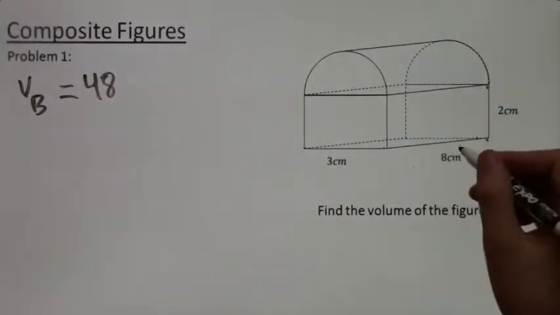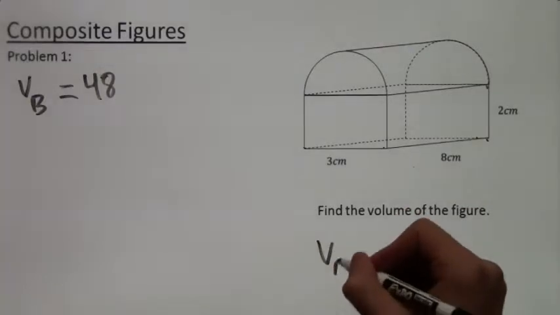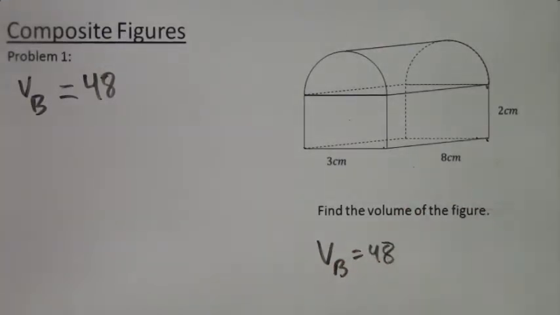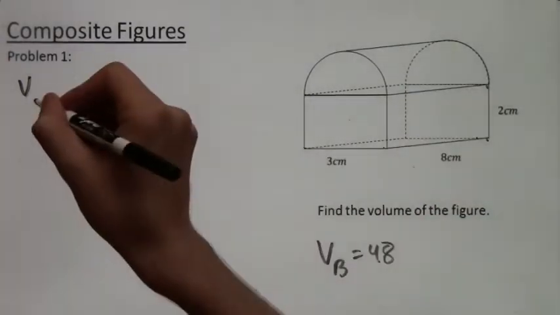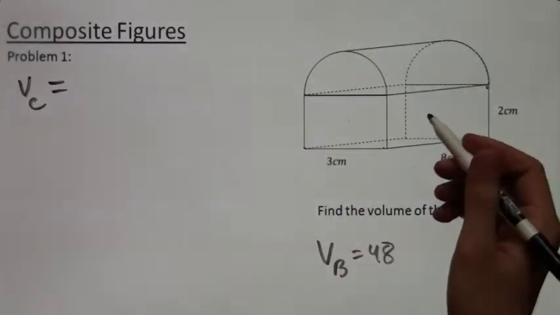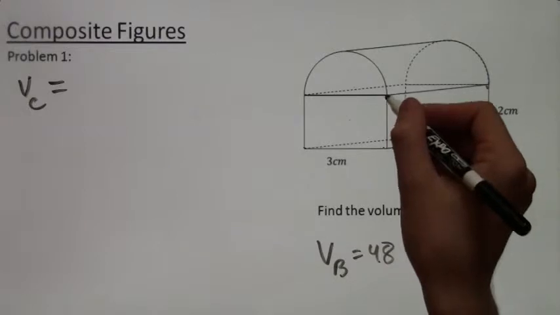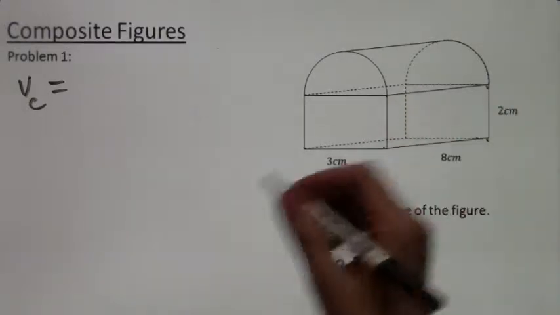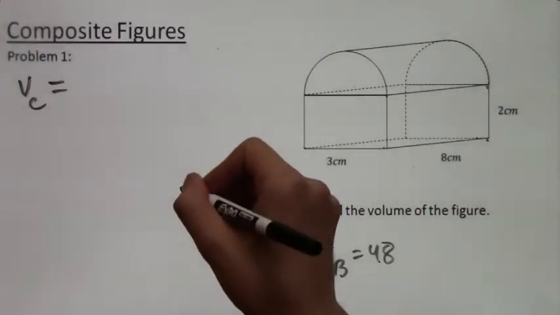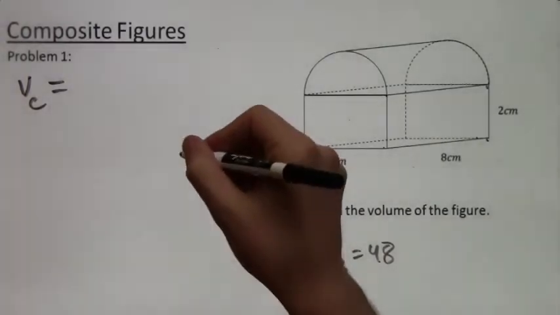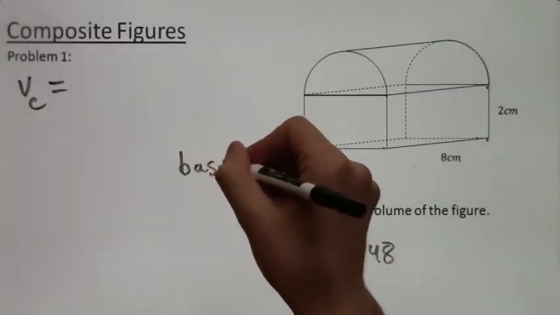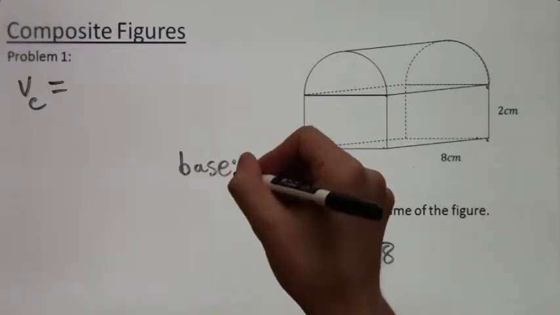Alright, now we have the half a cylinder put on top of it. The cylinder has a similar formula for the volume. It's also base area times the height. In this case, the base is a semicircle, so half a circle.